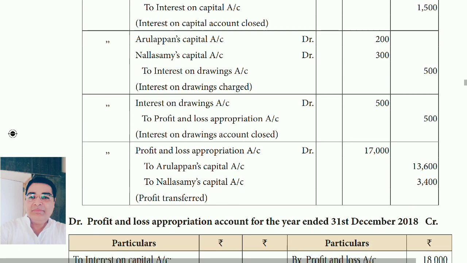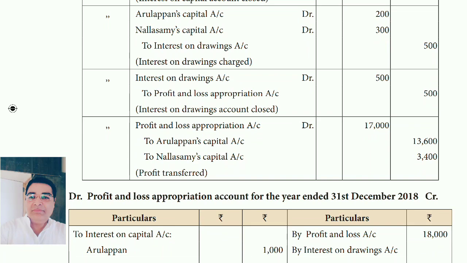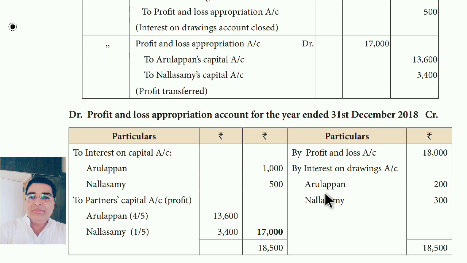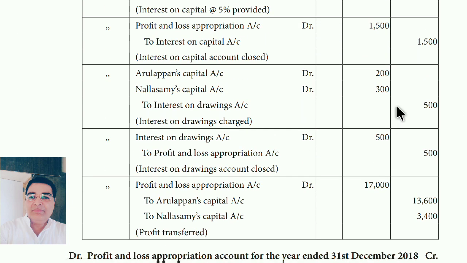Then see here, interest on drawings: Arulappan capital account debit, Nallaswamy capital account debit, to interest on drawings, that is 200 plus 300, 500 is interest on drawings. Then we have to close this interest on drawings, so we write the entry interest on drawings account debit to profit and loss appropriation account.